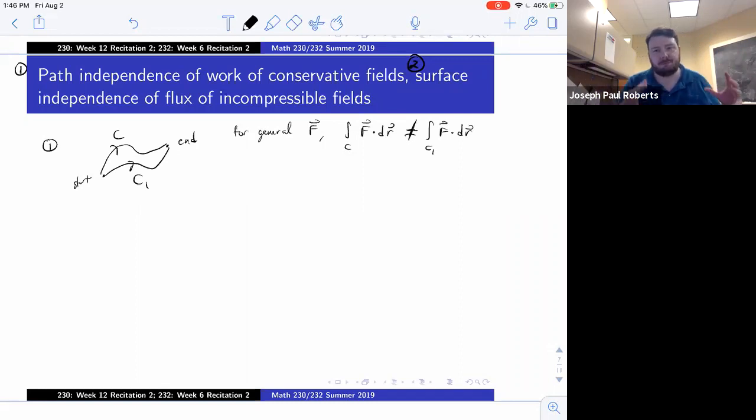So for example, let's say I have a book and I'm trying to get it from this point to this point. Let's say they're both on my desk. And let's say for some reason the desk has some crazy Velcro type stuff. Maybe the book has some crazy stuff on it, so that the friction, if I try to directly slide it along the desk, takes a tremendous amount of effort.